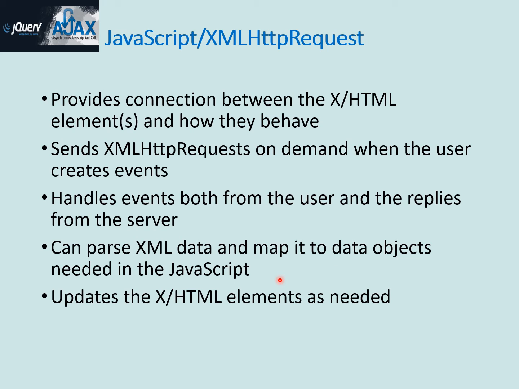So this XML HTTP request object has a parsing option which can parse the XML data, and it can be correctly mapped to the data objects that are needed in JavaScript. It updates the XHTML elements as needed. So it is used for updating XHTML as well as HTML elements if a need arises.